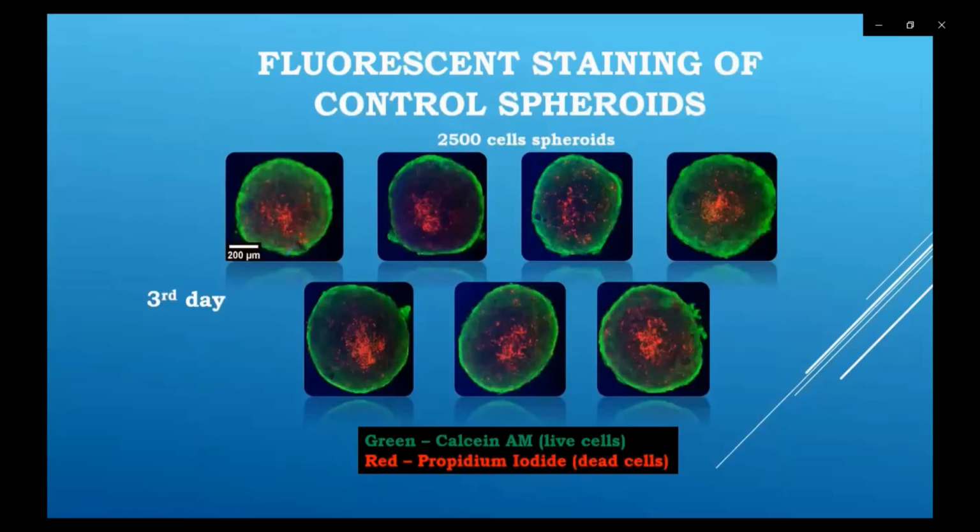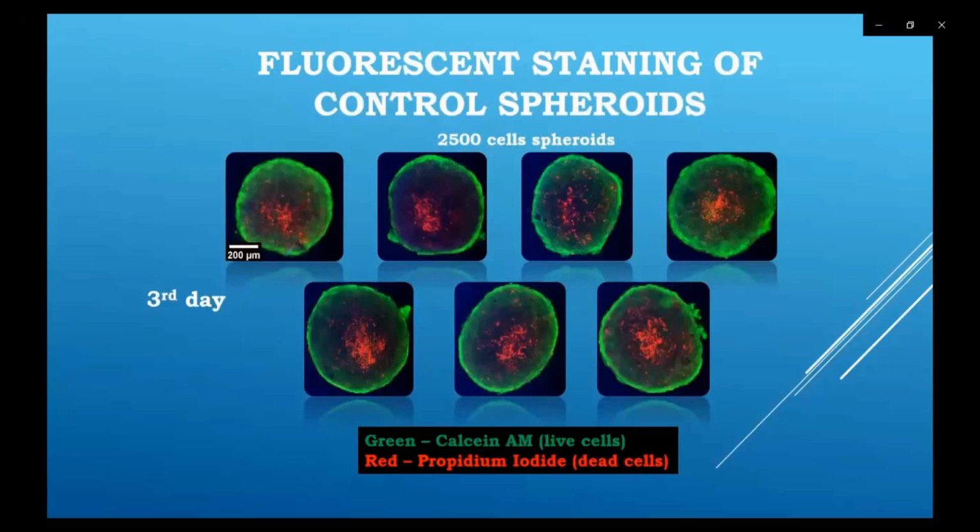After the evolution in time, we wanted to do a microscopic fluorescent staining to see if the three structures of the spheroid are true. So we used control spheroids, non-treated spheroids, and stained them with fluorescent dyes like calcein AM, which is green and stains the live cells, and propidium iodide, which stains the dead cells and is red.